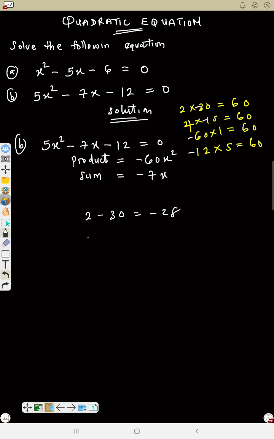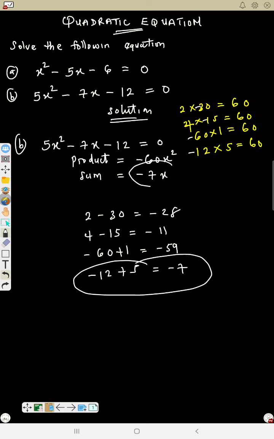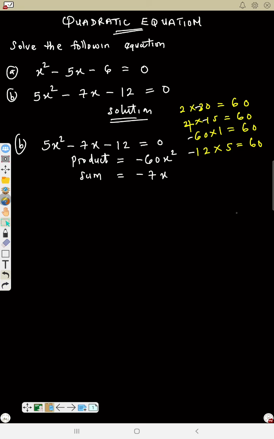That is minus 28. 4 minus 15. That is minus 11. Minus 60 plus 1. That's minus 59. Minus 12 plus 5. That is minus 7. So now the only one that will satisfy is this last one, because my sum is minus 7. So that means I'm using that last one.